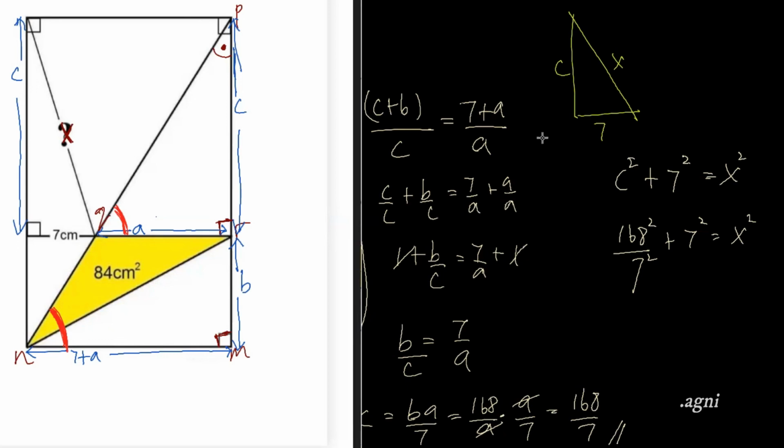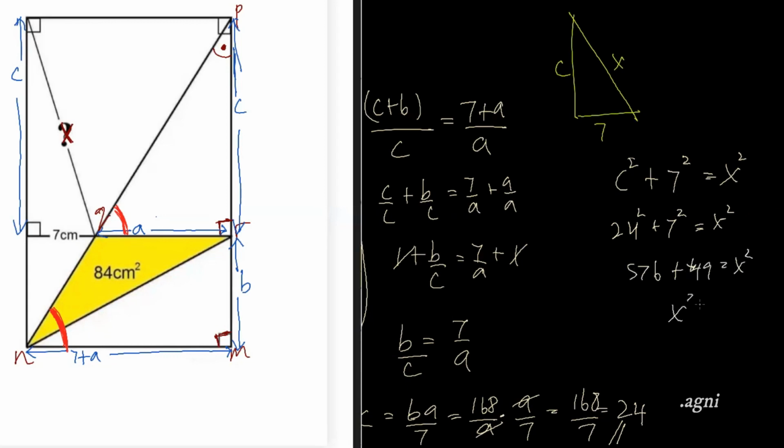So this is 24 squared plus 7 squared equals X squared. 24 squared is 576, plus 49, is X squared. So X squared is 625, X is root 625, X would be 25.